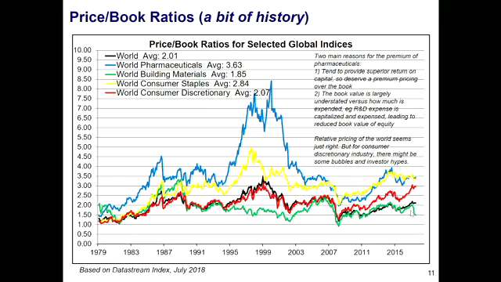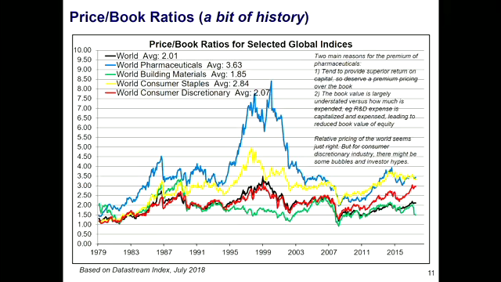The green line here indicates the building materials. It's a very cyclical company, and it's sort of considered a boring industry. Innovation, potential of growth is very limited. They provide the building materials for the construction of houses, construction of infrastructures.